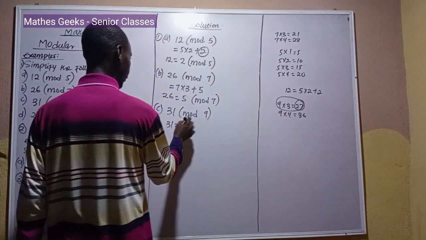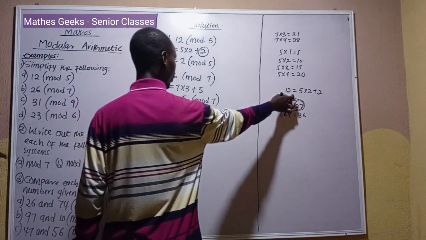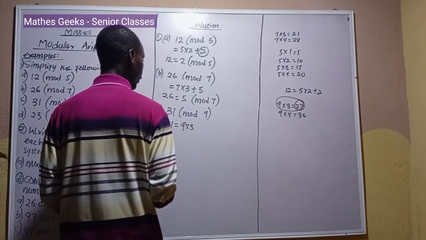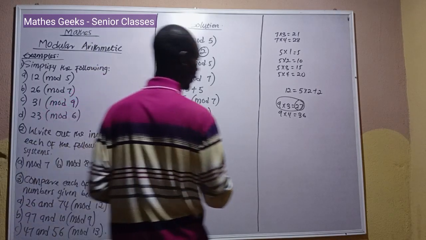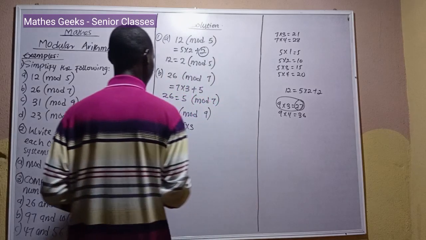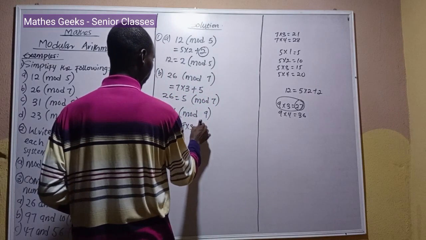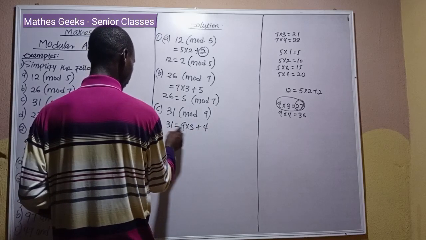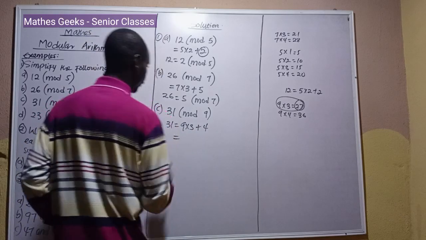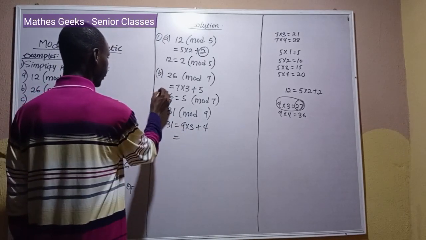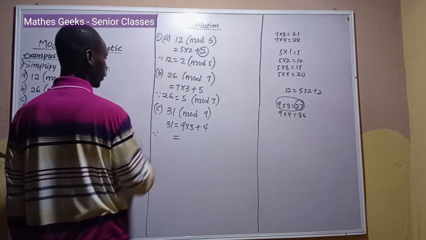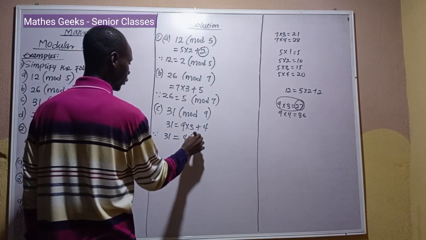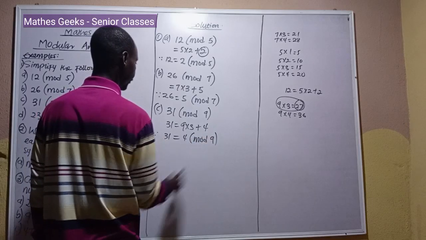We use multiples of 9 because it's in mod 9. 9 times 3 is 27. What would you add to 27 to get 31? That would be 4. That 4 is our remainder. Therefore, 31 is 4 in mod 9.